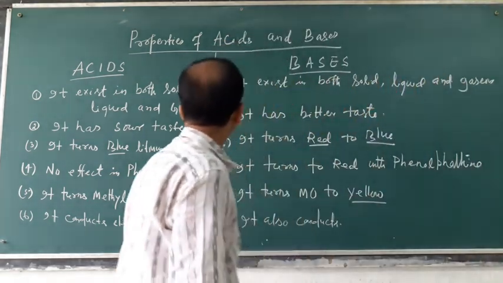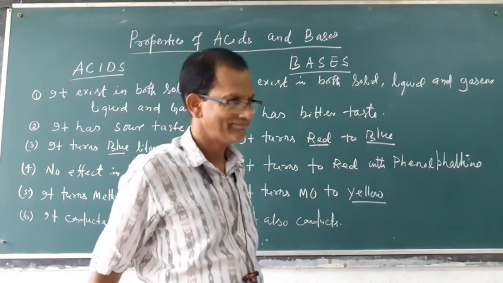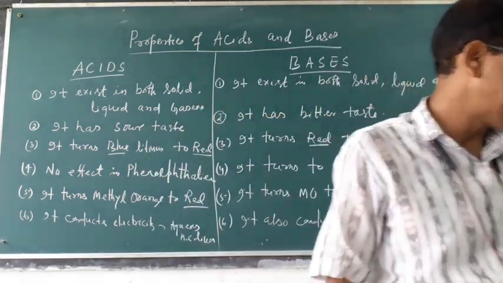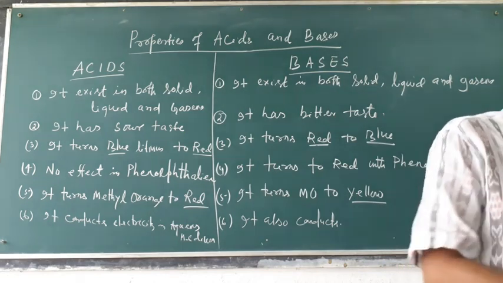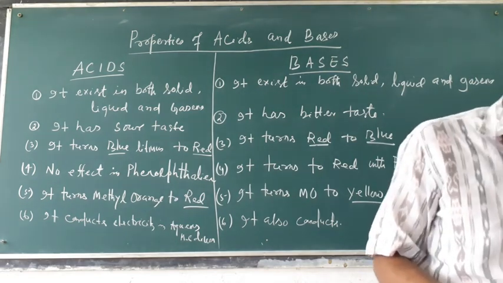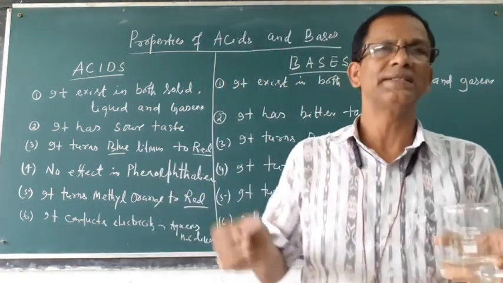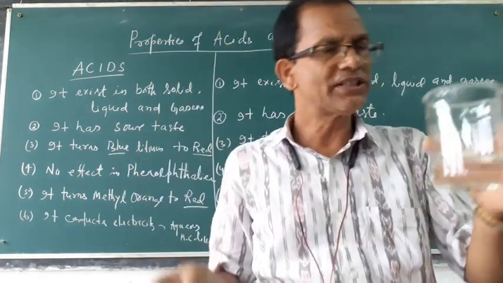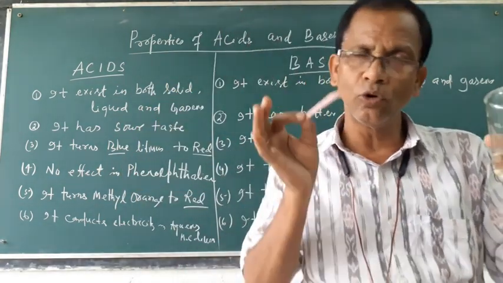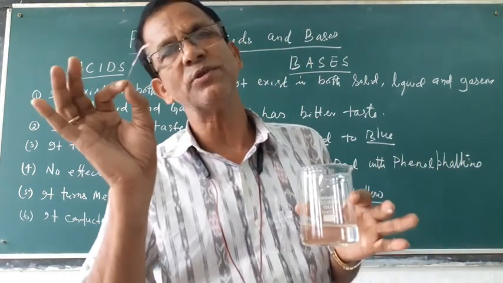Regarding base, it turns red litmus to blue. Let us observe with a red litmus in base. It is a colorless solution. You don't know whether it is acid or base. It can be tested by litmus paper.